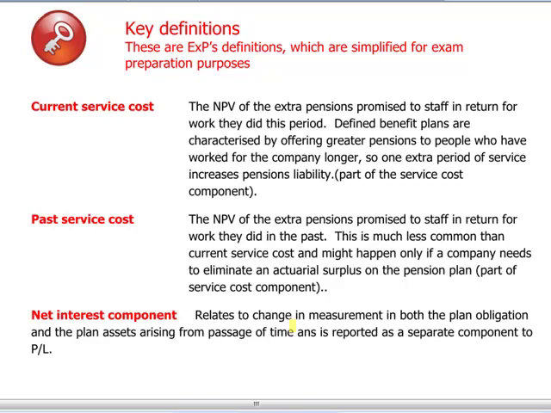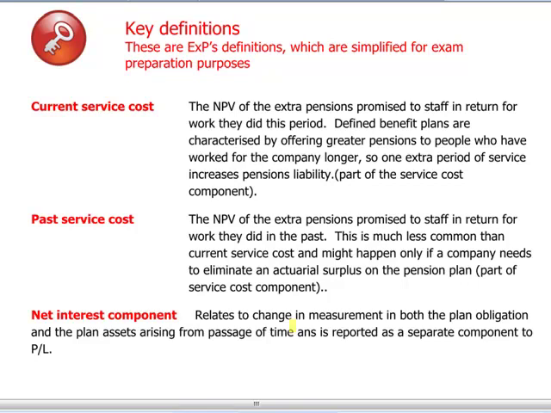Current service cost is the net present value of an extra pension that was promised to staff in return for work they did in the accounting period. Defined benefit plans are characterized by offering greater pension to people who worked more for the company, so one extra period of service will increase the liability of the company to pay future pensions.